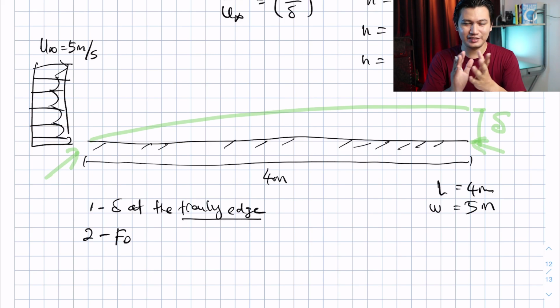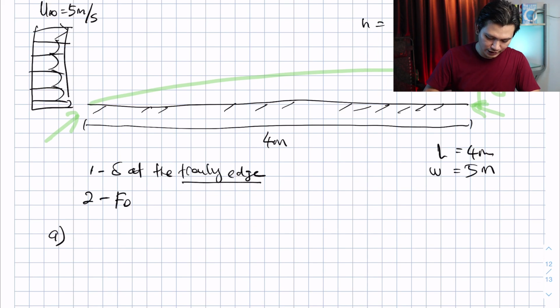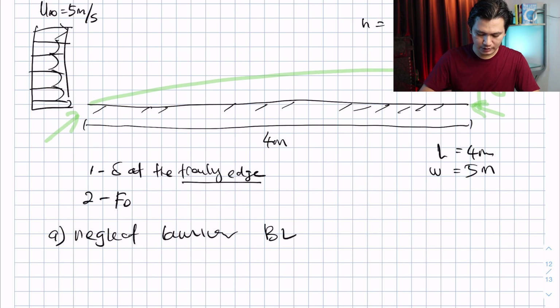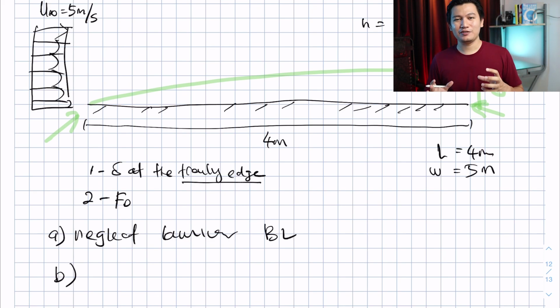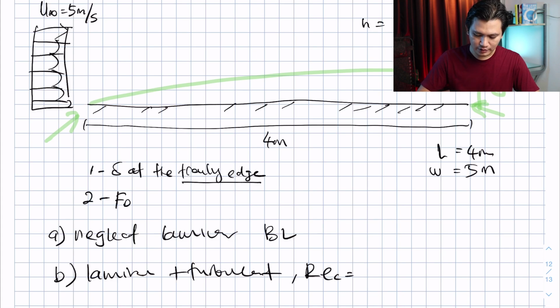Alright, now here's the tricky bit. You are given two conditions. The first condition, A, is where you are going to neglect the laminar boundary layer. And in the second case, you're going to mix laminar and turbulent boundary layers. So the second case is laminar plus turbulent, and the critical Reynolds number is 5 times 10 to the power of 5.